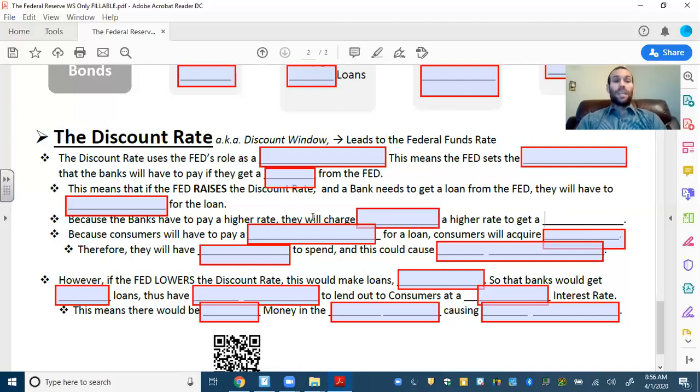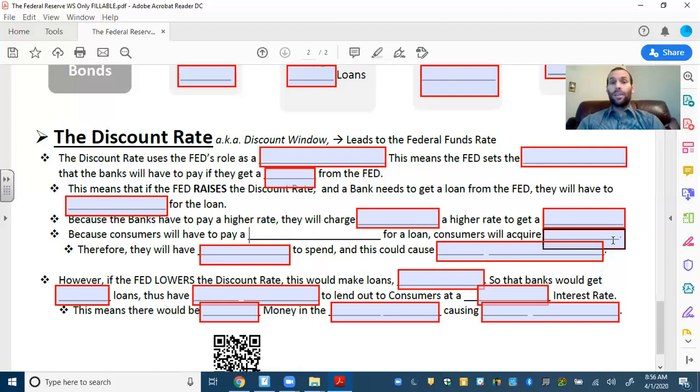So we said if banks have to pay a higher rate, they'll charge borrowers a higher rate to get a loan. Because consumers have to pay a higher rate, well, let me ask you this. If your loan's more expensive, will you get more loans or fewer loans?